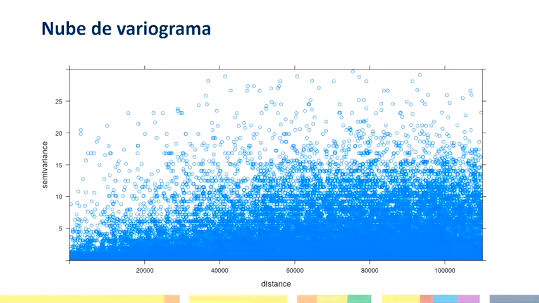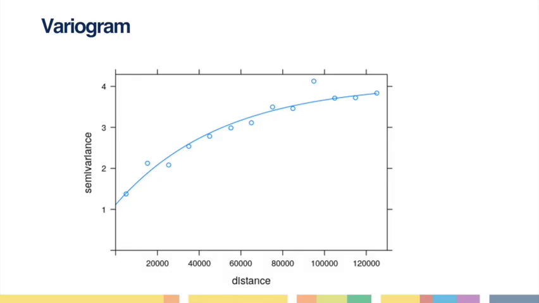You cannot do too much with this because there are too many points, and it's very hard to use this information. So what can be done is that you can aggregate the information by distance intervals, and this is how you get a variogram. Every point in this variogram represents the average of the different points that were between these distances, and this line would be the theoretical variogram or the model.